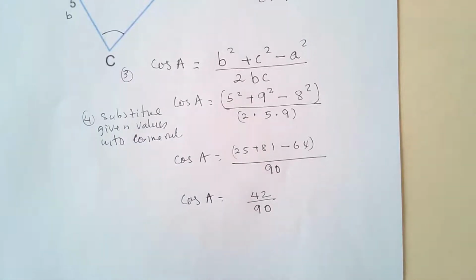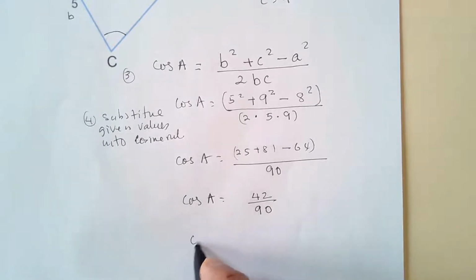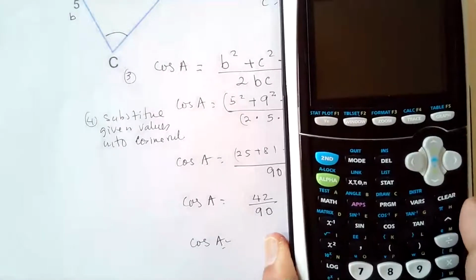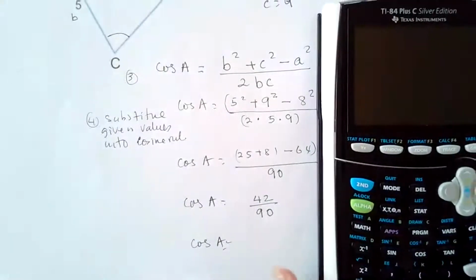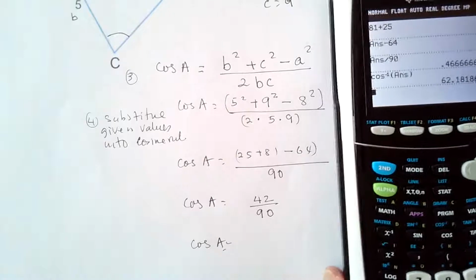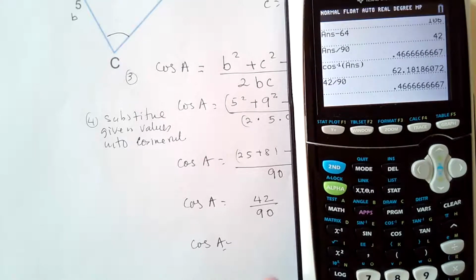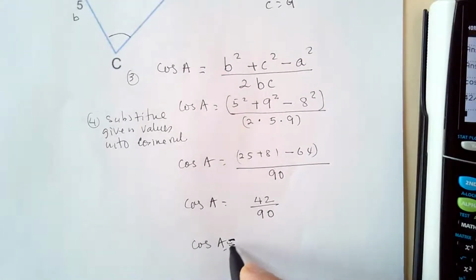If you don't have a graphing calculator, you may want to simplify this fraction into a decimal. On my calculator, 42 divided by 90 is 0.466. So this is an irrational number.